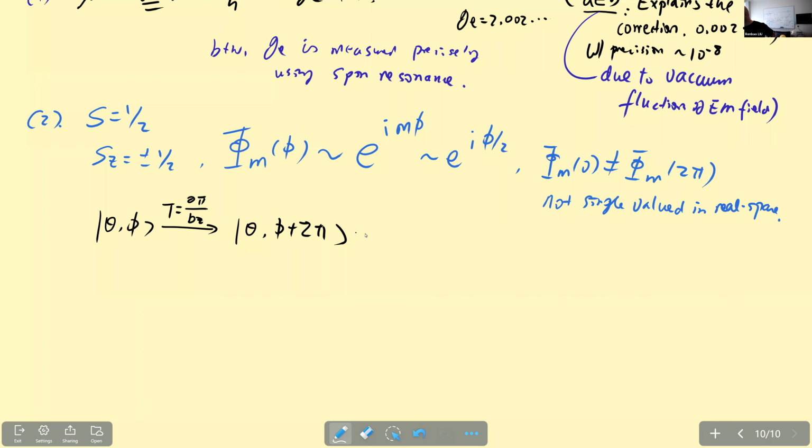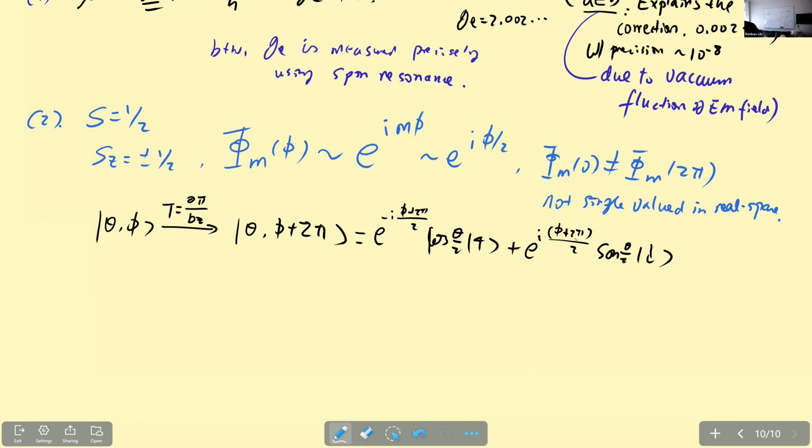This equals e to the minus i (phi plus 2 pi) over 2, cosine theta over 2 spin up, plus e to the i (phi plus 2 pi) over 2, sine theta over 2 spin down.